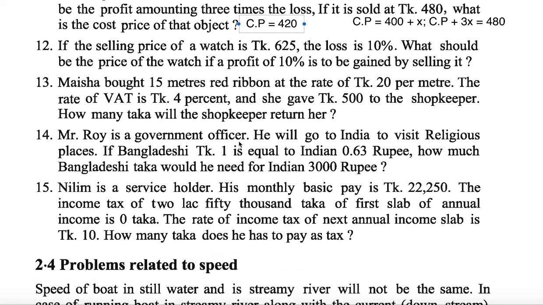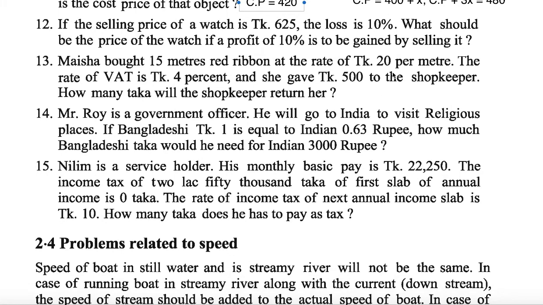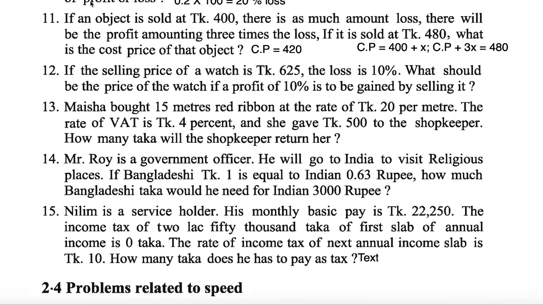If the selling price of a watch is 625 taka, the loss is 10%. What should be the price of the watch if a profit of 10% is to be gained by selling it? If it is a 10% loss, I have an equation for this.